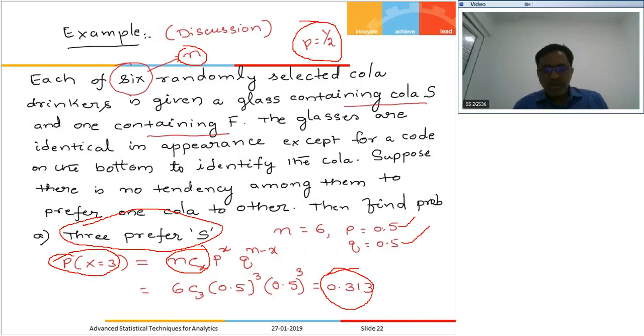So 1 into 1, and here you will have 0.5 whole power 6. Okay? So it is not going to be 1 always. P of 0 we need to calculate, just like P of 1 means x equals 1 and P of 0 means x equals 0. Like this, we have to calculate probabilities at every value of x, including 0.